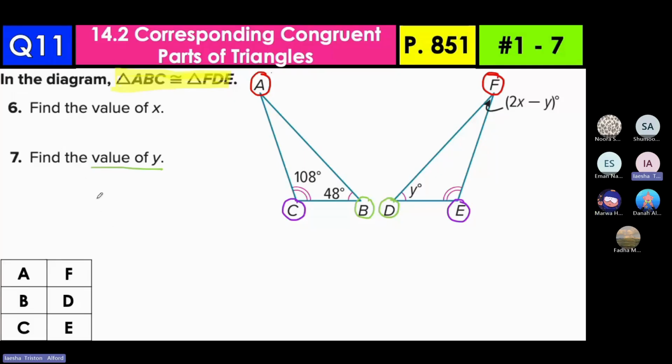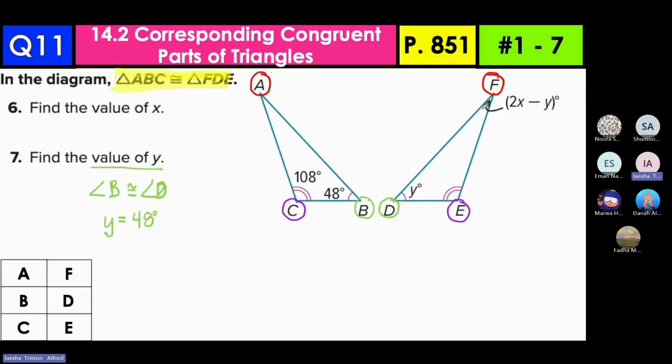How do you know it's 48? Because angle B and D are congruent. So angle B is congruent to angle D. So Y should be 48. So that's the first thing. Y is going to be 48 degrees.